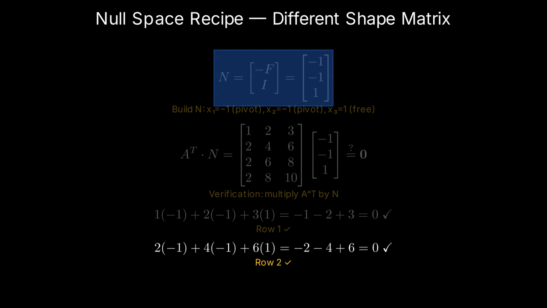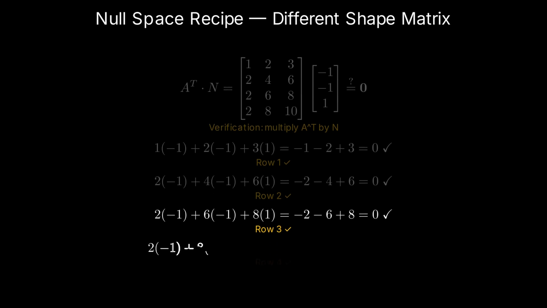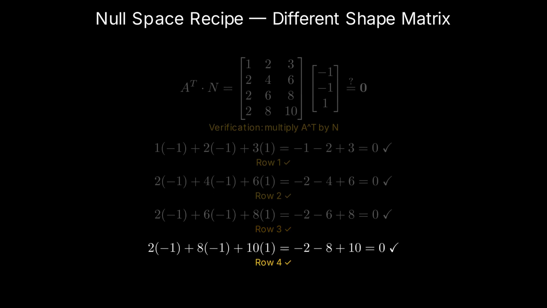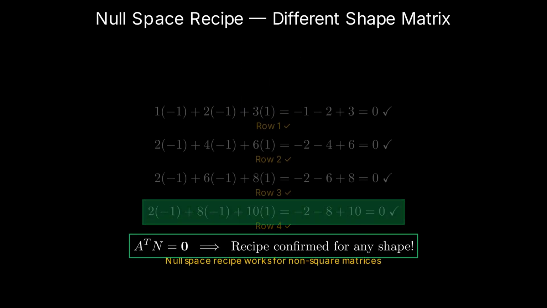Third row: 2 times -1 plus 6 times -1 plus 8 times 1 equals -2 minus 6 plus 8, which equals 0. Fourth row: 2 times -1 plus 8 times -1 plus 10 times 1 equals -2 minus 8 plus 10, which equals 0. Every row gives 0, confirming the recipe works for any shape of matrix.